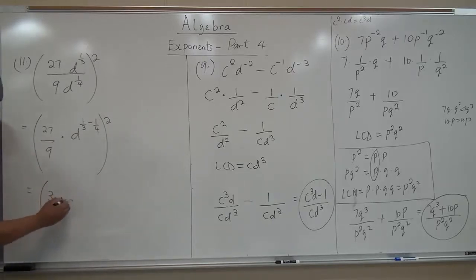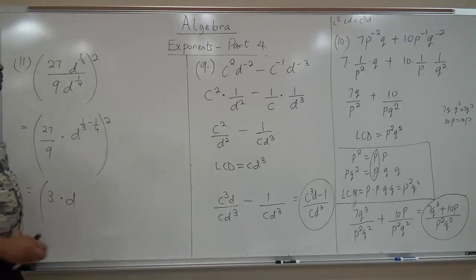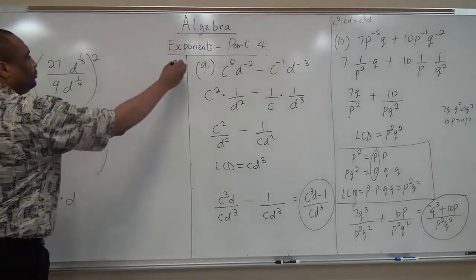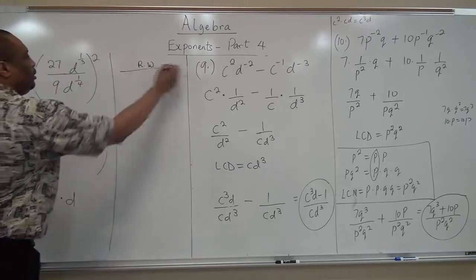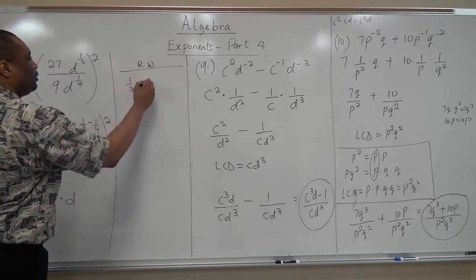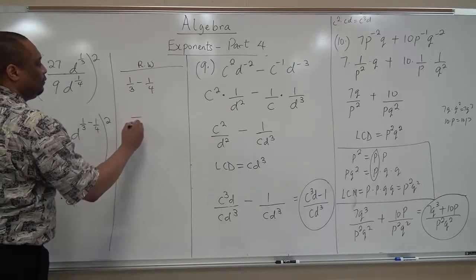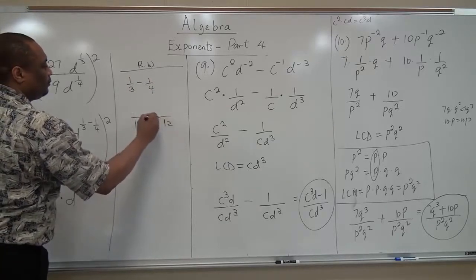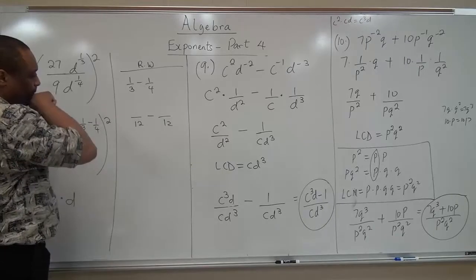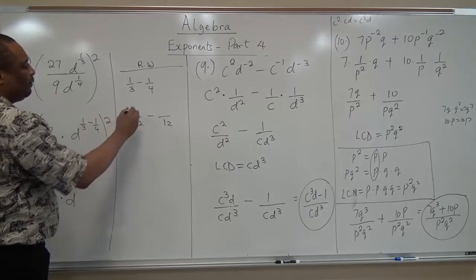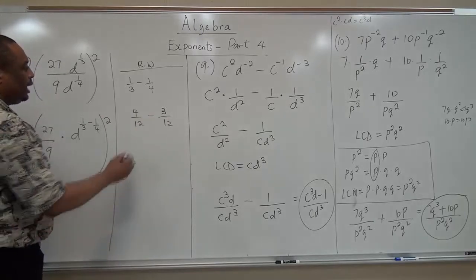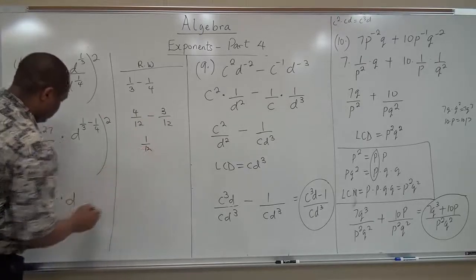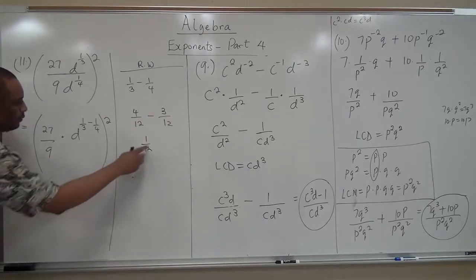Now let's look at the D. 1/3 minus 1/4 is what? Let's have some rough work here. 1 over 3 minus 1 over 4. LCD is 12. So here you multiply by 4, so this is 4. Here you multiply by 3, this is 3. And this will be 1 over 12. So this is 1 over 12.